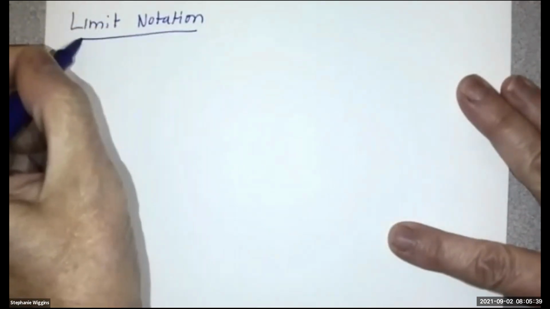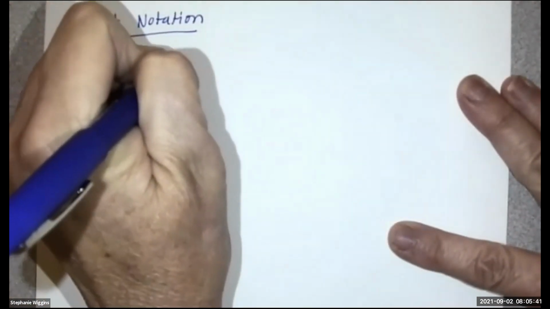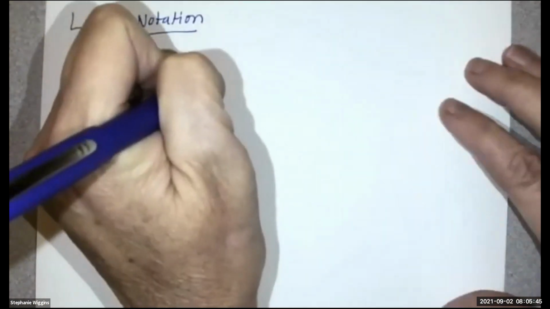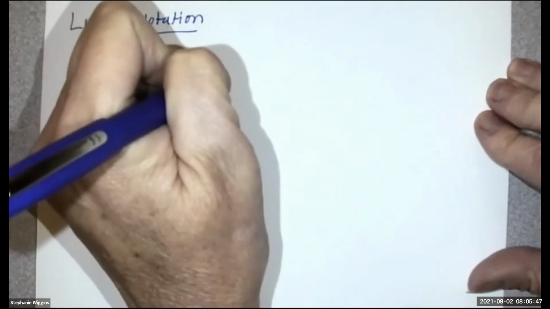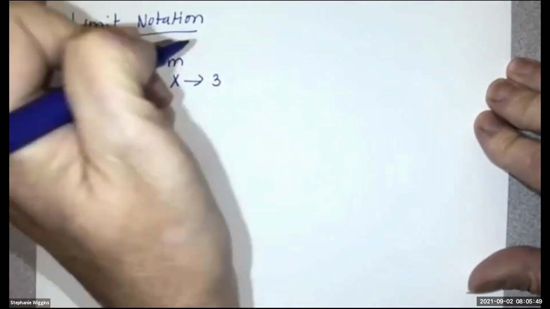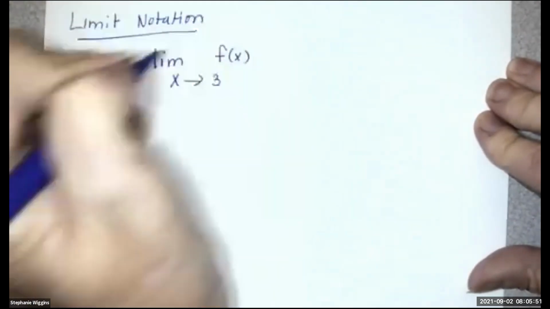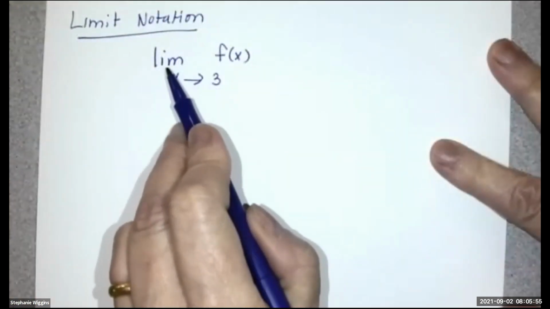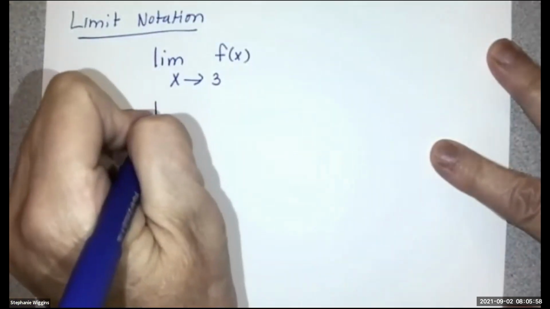And so you have the limit as x approaches, let's say 3, of your function f of x, okay? This is the limit as x approaches 3.